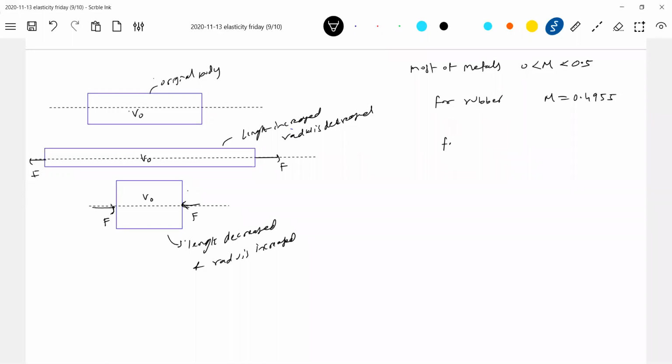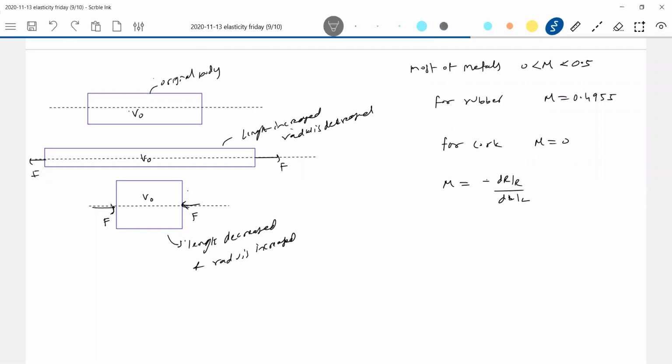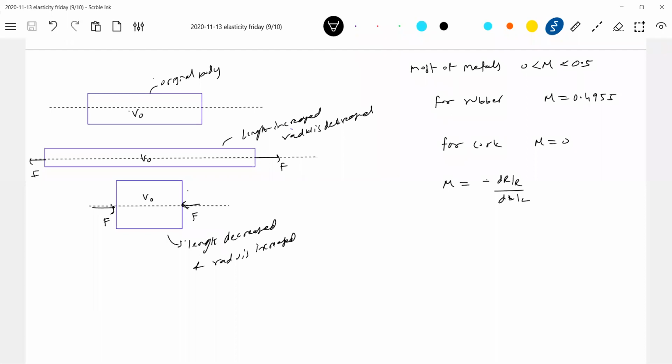Okay, there's another thing. So for a cork, Poisson's ratio will be equal to 0. What do you mean by mu 0? Shall I put it like this? Mu 0. How to interpret this? For a cork, this is something very important here.